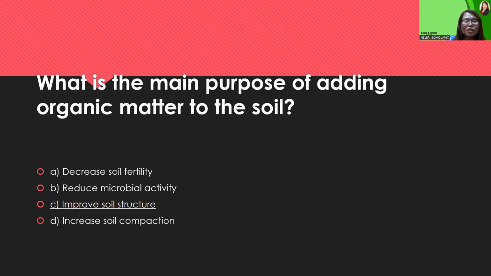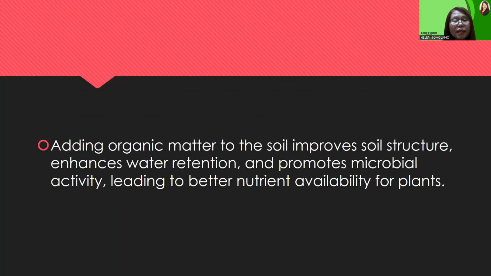Okay, thank you so much. The right answer is improve soil structure. Adding organic matter in the soil improves soil structure. It also enhances water retention and promotes microbial activity, leading to better nutrient availability for the plants.